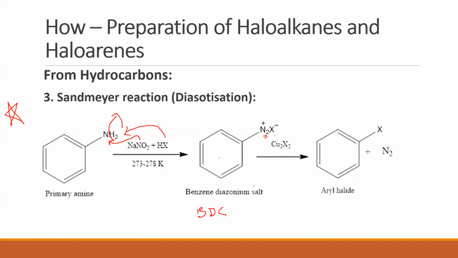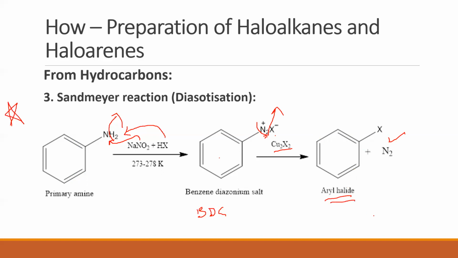In the second step, what we do is BDC that is obtained is made to react with copper halide. When it is made to react with copper halide, nitrogen goes out as N2, and X gets substituted in place of nitrogen here to form my aryl halide.